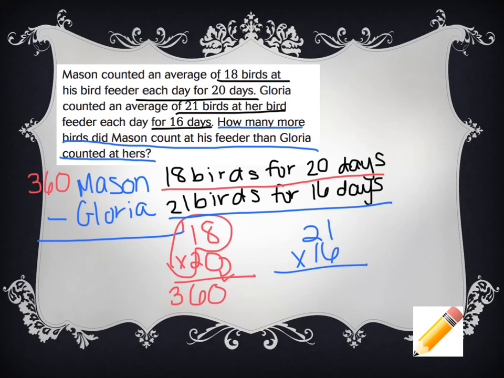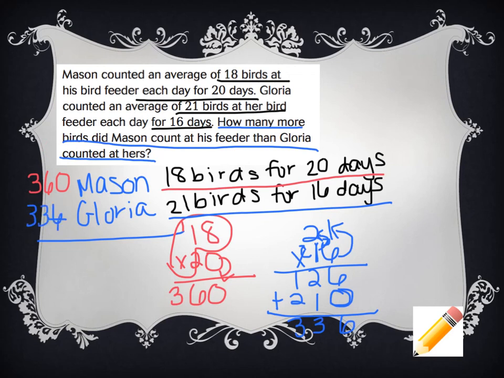And I'm going to use the regular algorithm. 6 times 1 is 6, and 6 times 2 is 12. Now I multiply by my 1, which is a 10, so I put my 0. 1 times 1 is 1, and 1 times 2 is 2. I add my partial products to get Gloria's bird total of 336 birds.